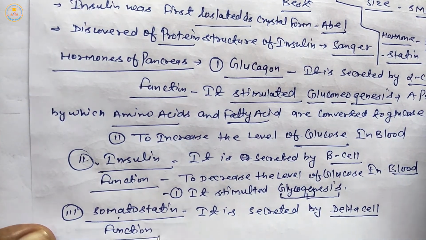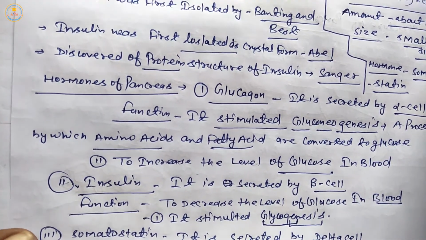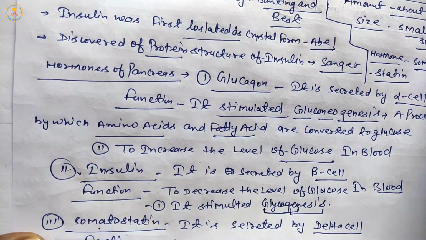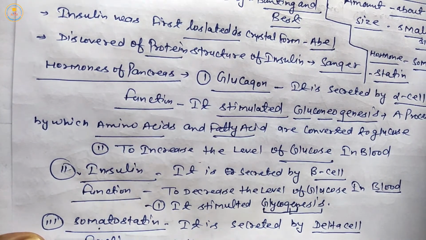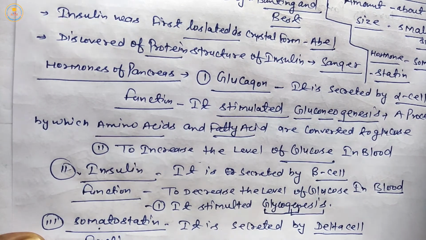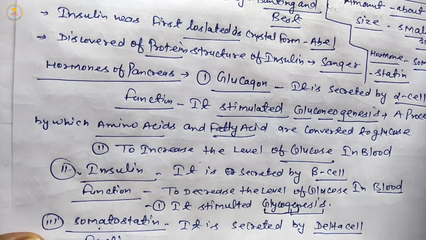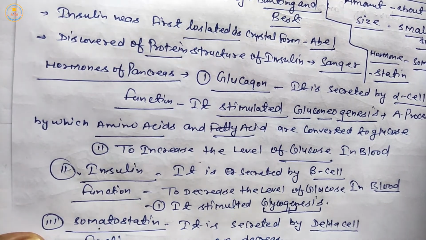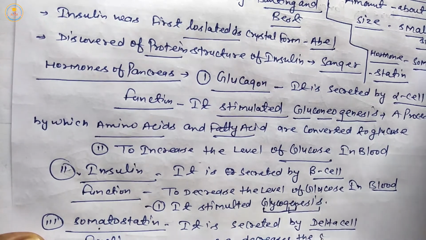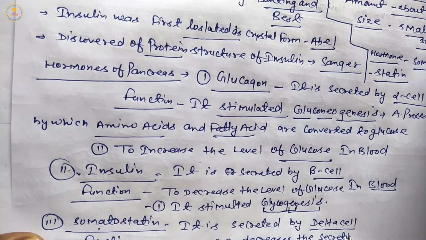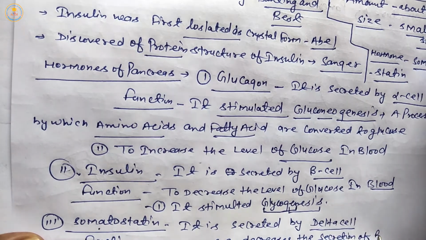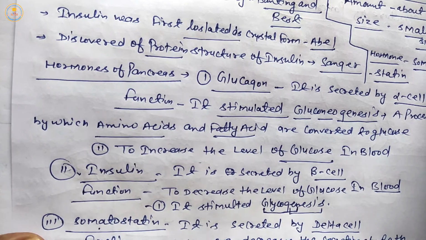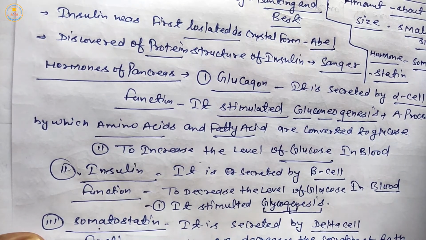The function of somatostatin: this hormone decreases the secretion of both insulin and glucagon.